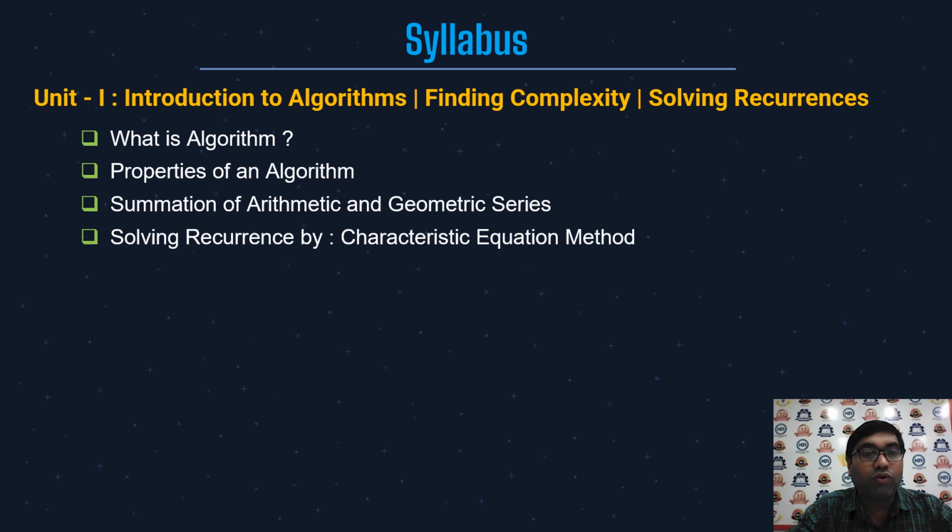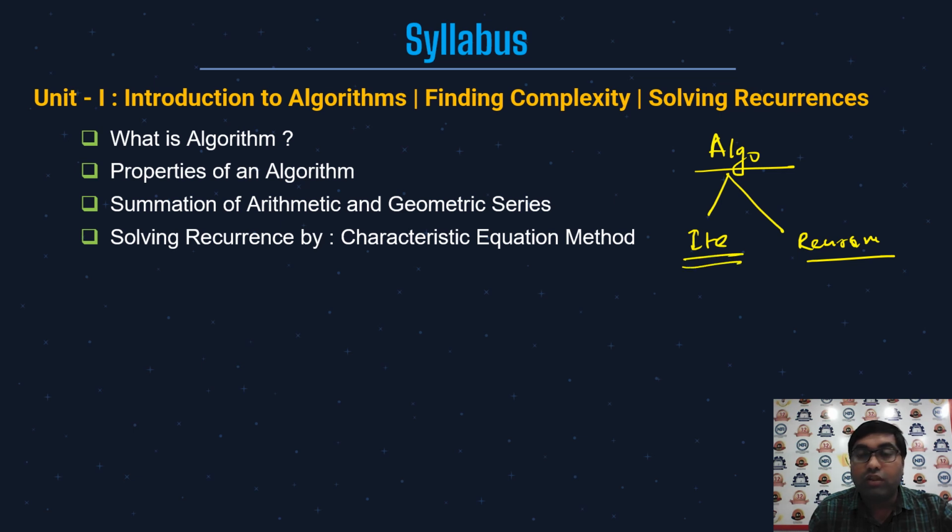Then we have to go for solving recurrences, because whenever we are given any particular algorithm, it will be of 2 types. An iterative program code will be there, and the second kind of code will be recursive. So if we go for the iterative program code, the algorithm complexity will be computed on the basis of some arithmetic and geometric series.